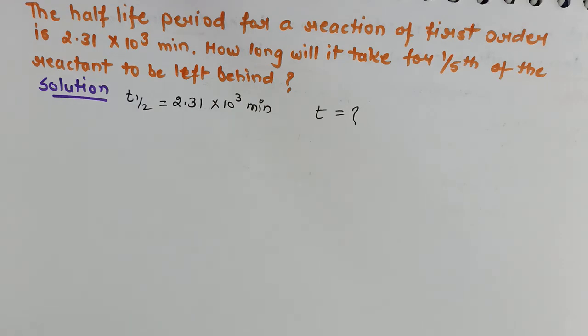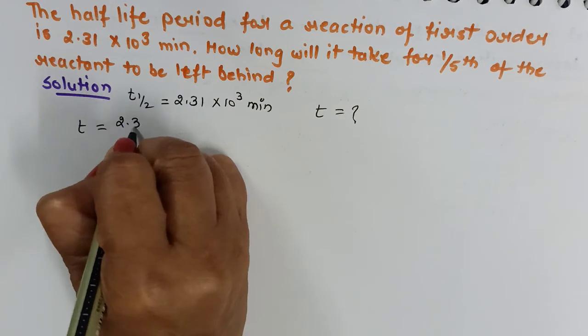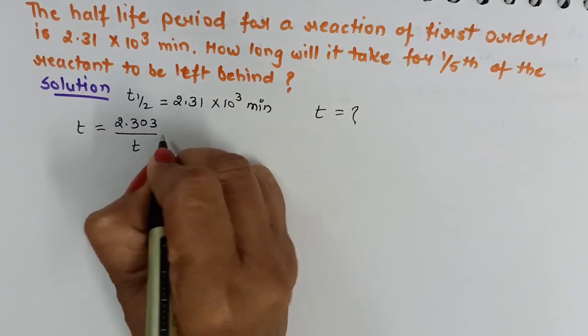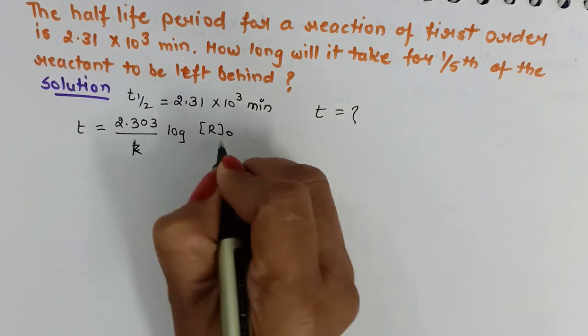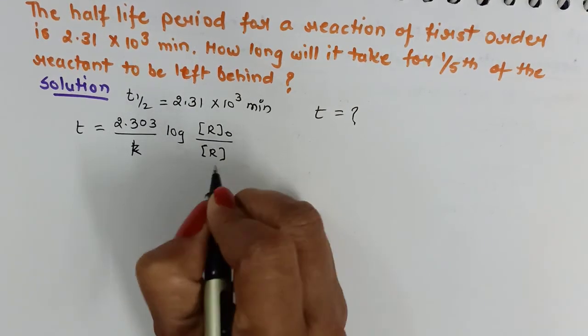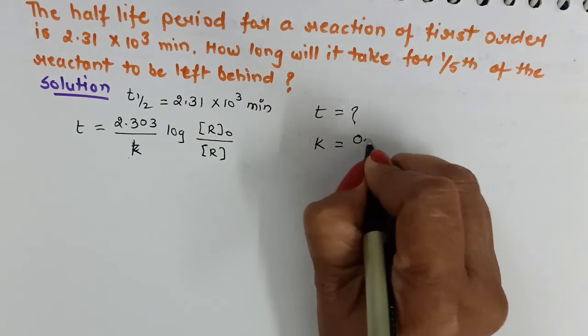So how to do such types of numericals? We are supposed to calculate the time. For that we need the formula 2.303 upon K log R0 upon R. But the value of the rate constant is not available with us. So let us calculate the rate constant.